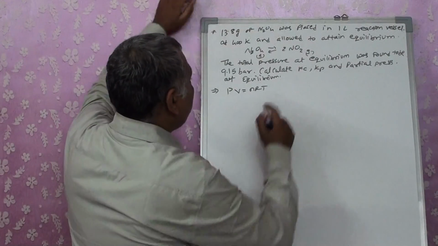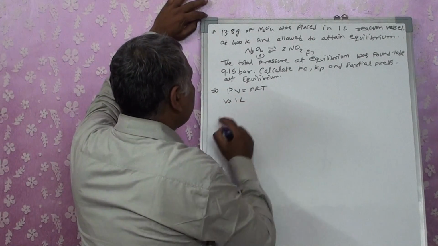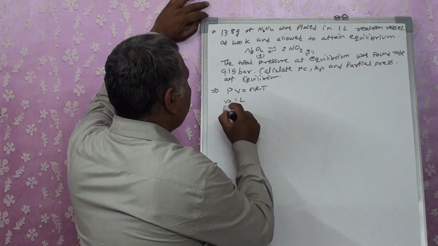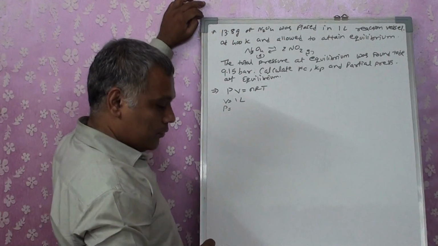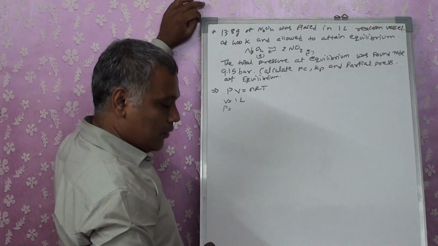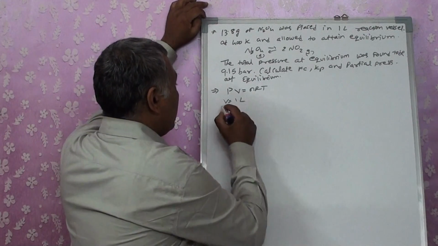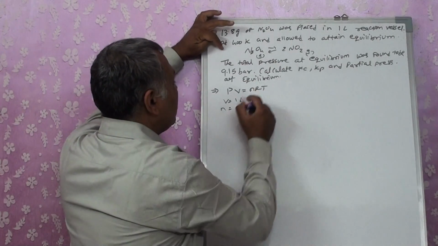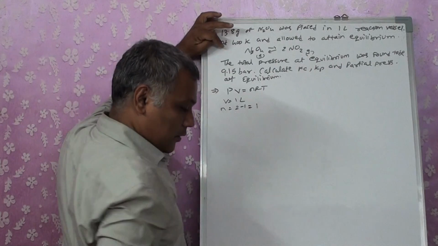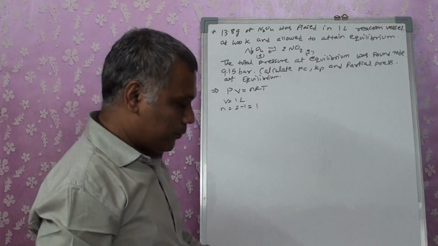The volume is given to me, 1 liter. Total pressure is what we need to find out; it has not been given. N, the number of moles, we will be getting as 2 minus 1, that is 1 mole.